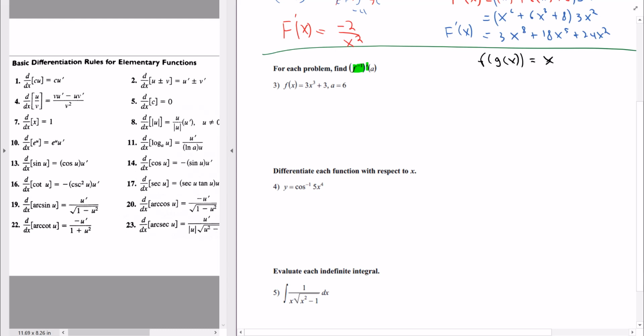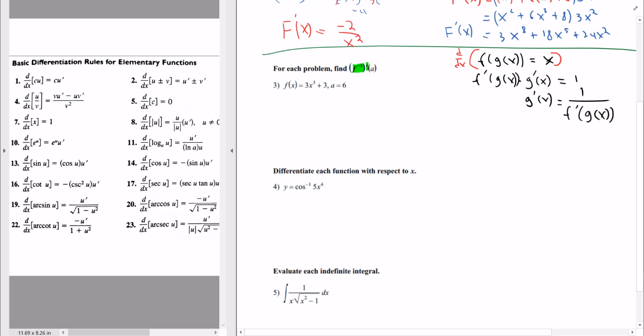And so what we did is we differentiated both sides, right? We took the derivative of both of these, and we got that, using chain rule, f prime of g of x times g prime of x equals 1, and we divide both sides by f prime of g of x, and so we would get g prime of x equals 1 over f prime of g of x.